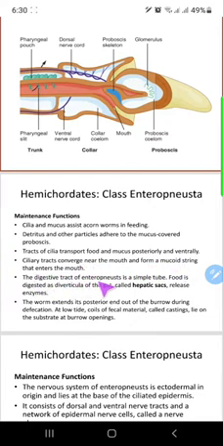The digestive tract of the enteropneust is a simple tube. Food is digested in diverticula of the gut, called hepatic sacs, which release enzymes. There are so many hepatic sacs which release enzymes into the food that is digested here.